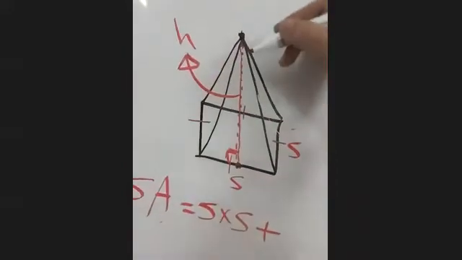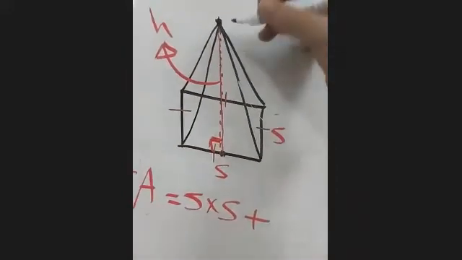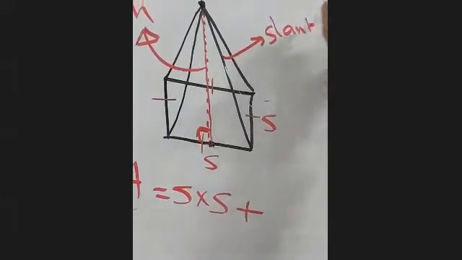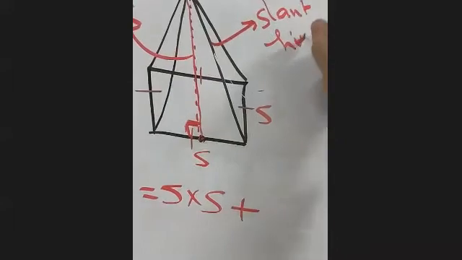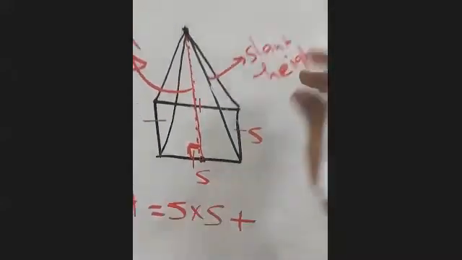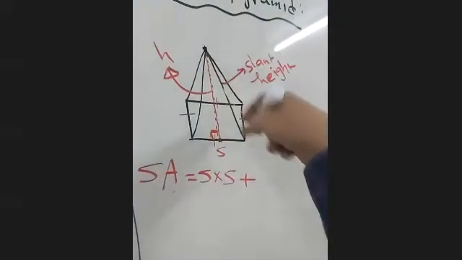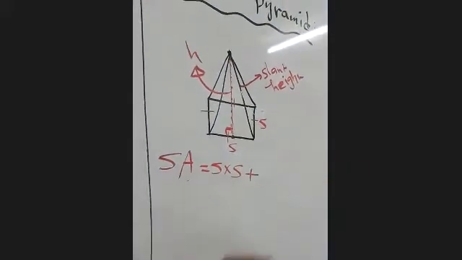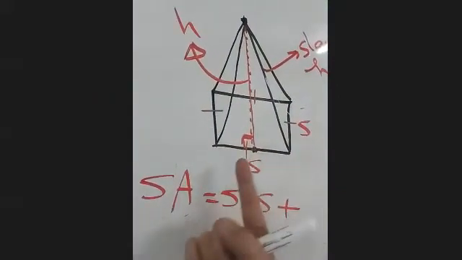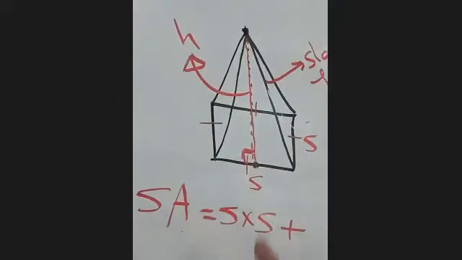What do we call this black line here? We call it slant height. But I will not use the slant height in the area. In the area of a triangle, we know we use the base and the height only.